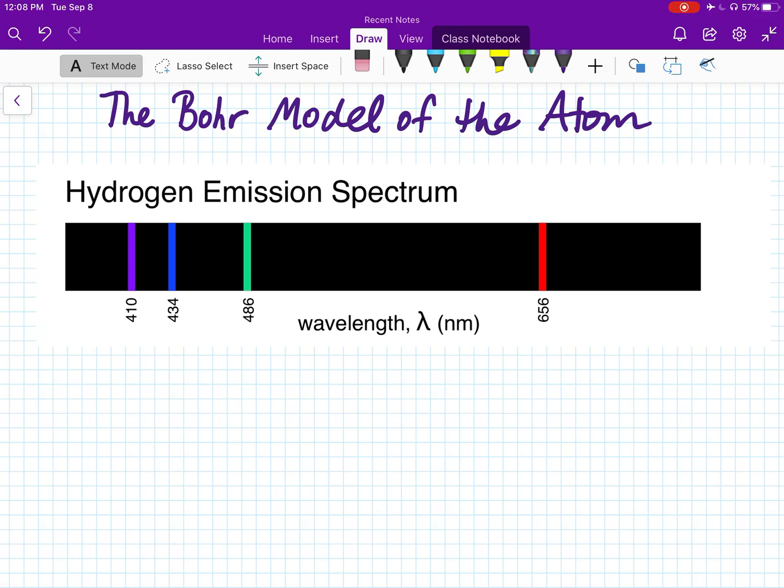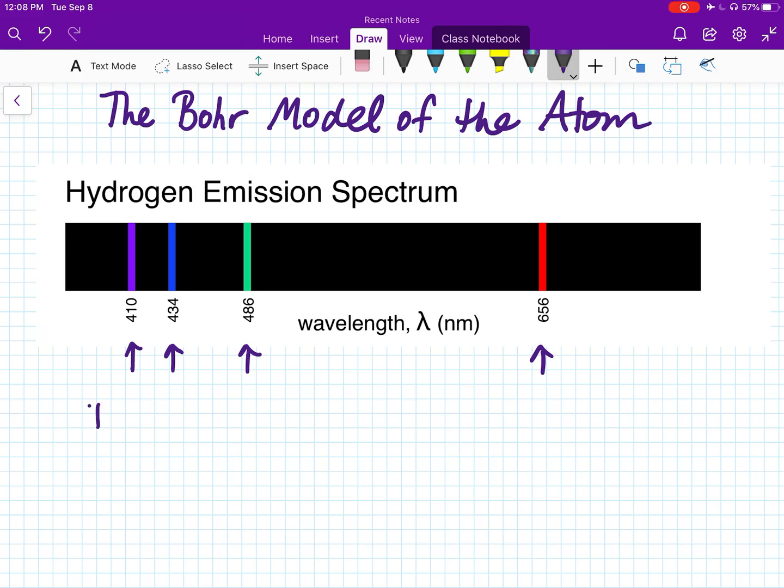Basically, this is what happens when you have an excited hydrogen atom and the excited electrons relax back down to the ground state and they emit light at these very specific wavelengths in the visible light region of the electromagnetic spectrum. So you just see a very simple four-line emission spectrum for hydrogen.